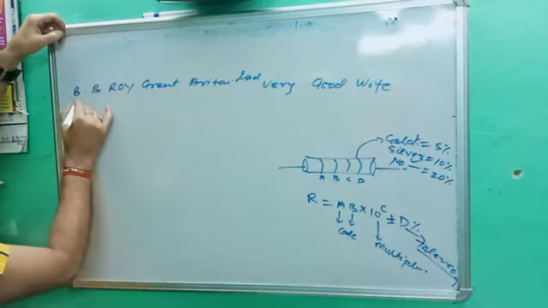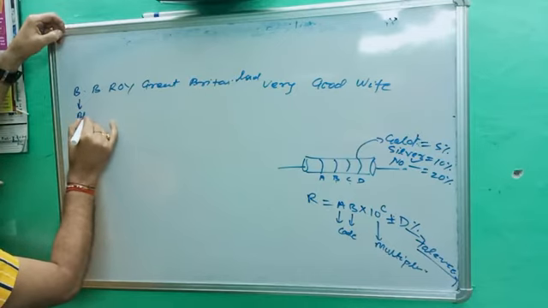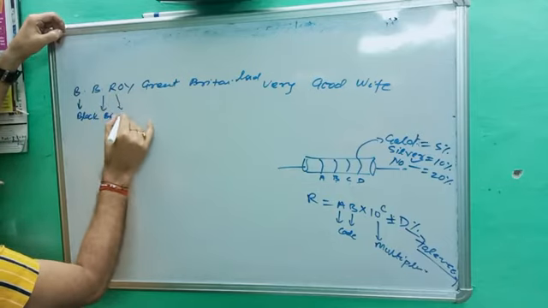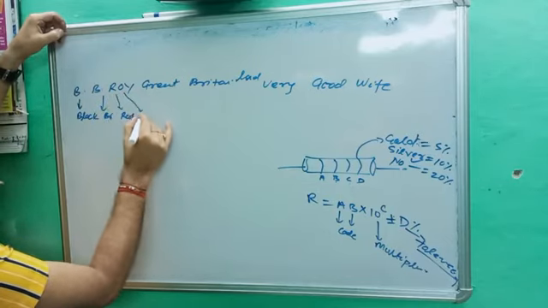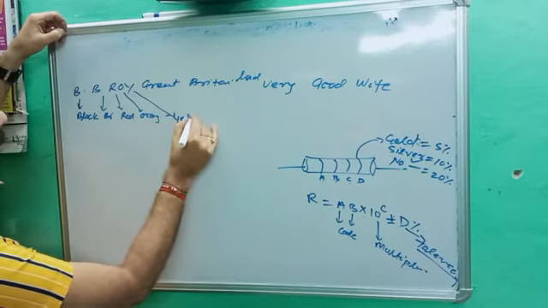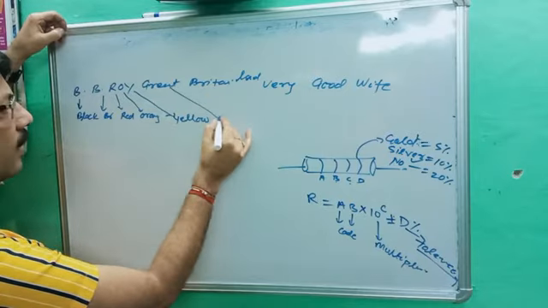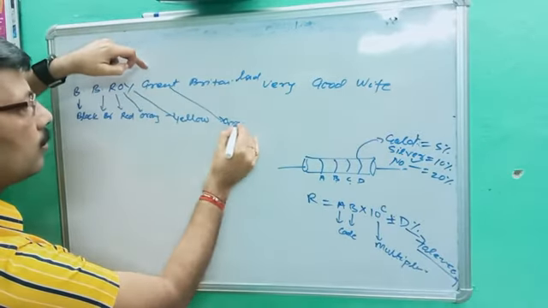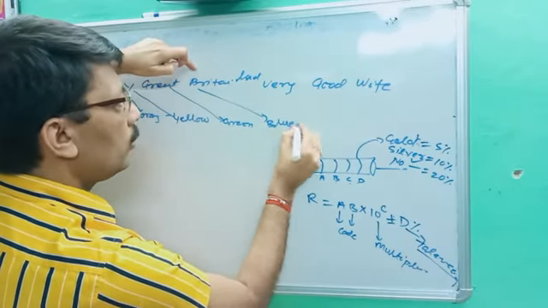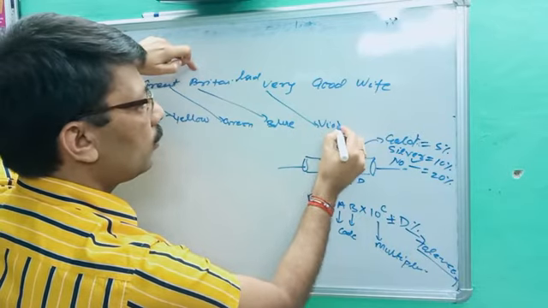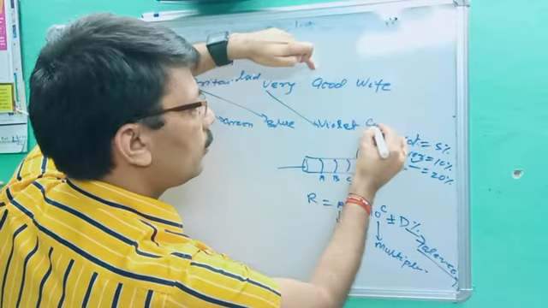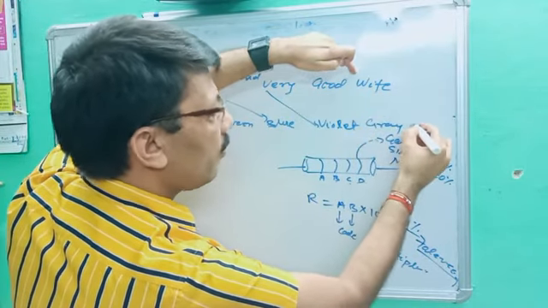So first you decide the color. Colors are very easy. B for black, B for brown, R for red, O for orange, Y for yellow, G for green, B for Britain, and it is blue, V for violet, G for grey, and W for white.